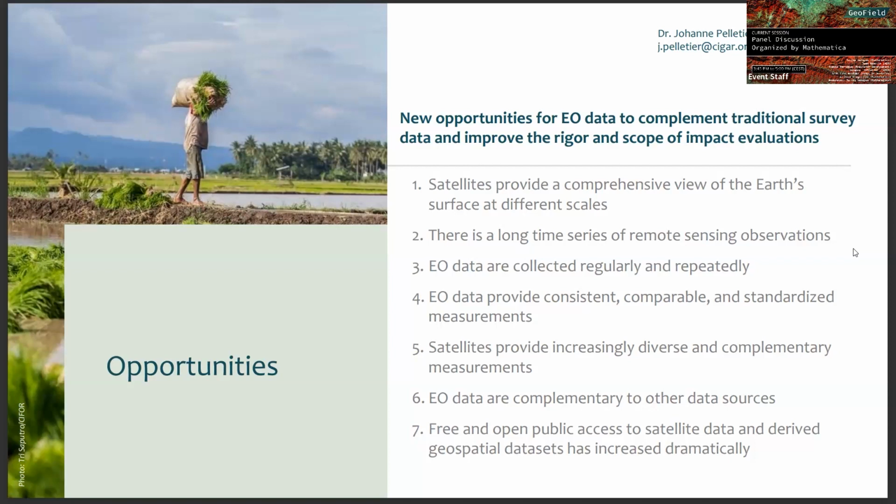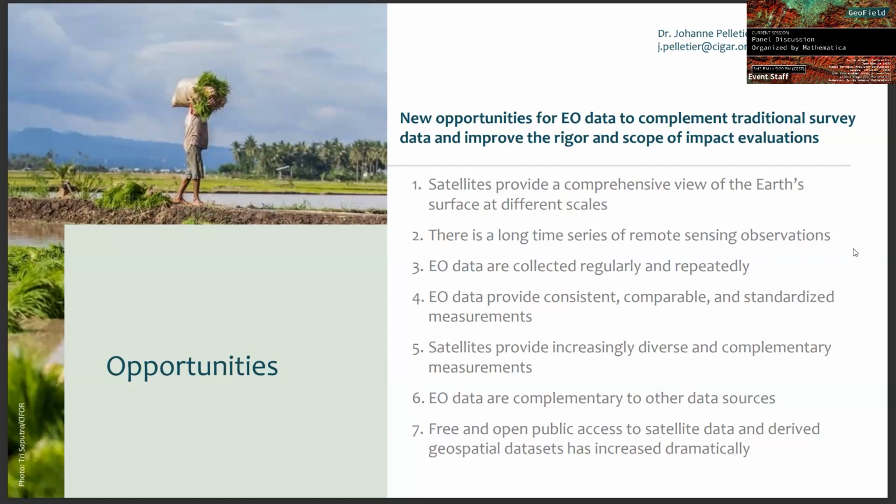It's good for covering areas that are remote, conflict areas, or areas that would be very difficult to access, and including spillover, things that have not necessarily been targeted by any intervention, but where there's some adoption elsewhere that we would be interested to see.